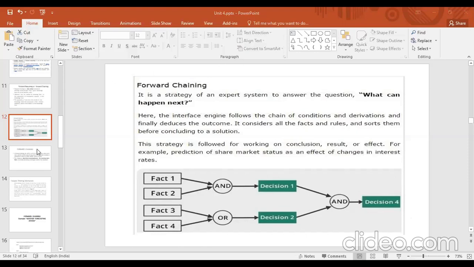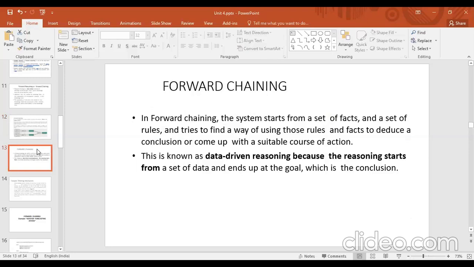Now we see that in forward chaining, the system starts from a set of facts and a set of rules, and tries to find a way of using those rules and facts to deduce a conclusion or come up with a suitable course of action. So in forward chaining, we have to start our system with some facts and rules.